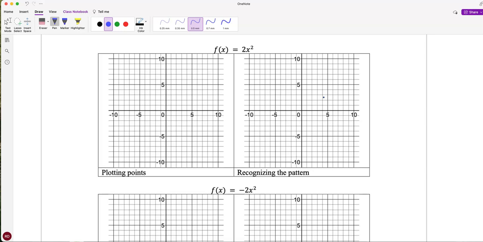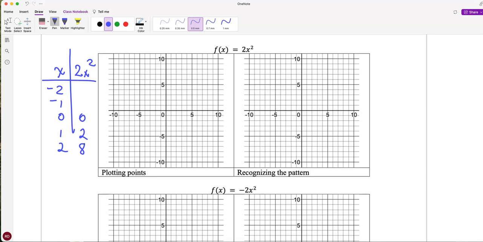Let's look at 2x squared. So if I plot points for this guy, x and 2x squared, if I plug in a 0, I'm going to get a 0. You plug in a 1, you're going to get 2. You plug in a 2, you're going to get 8.